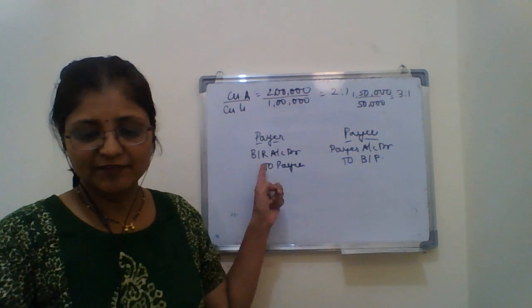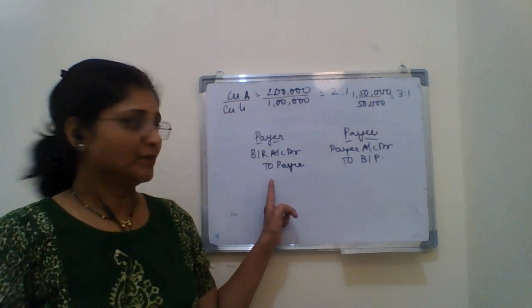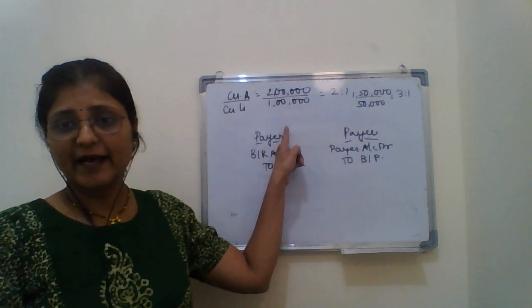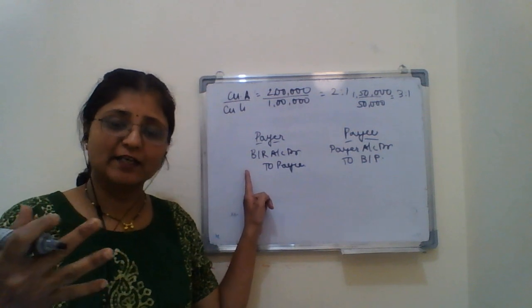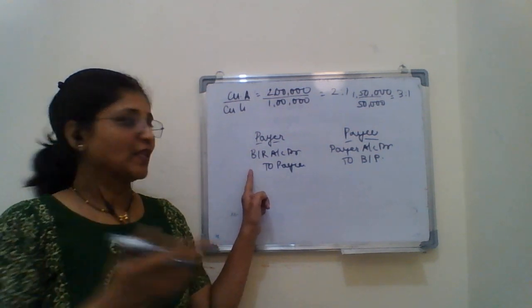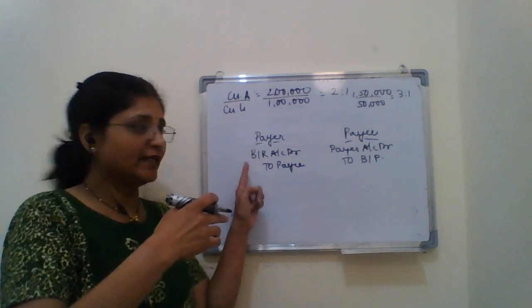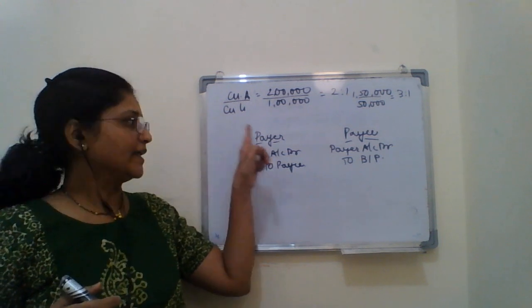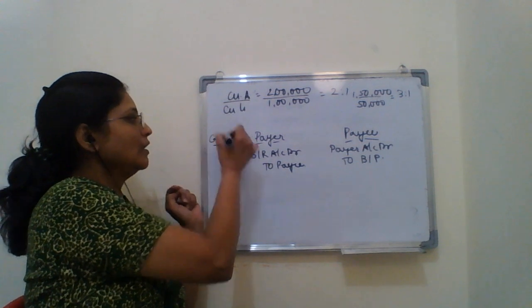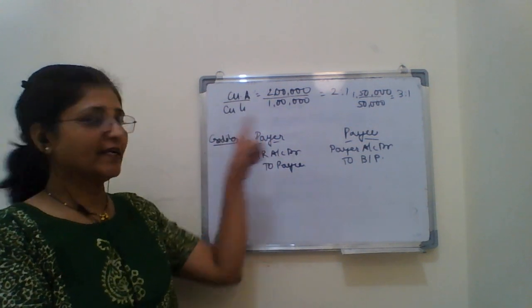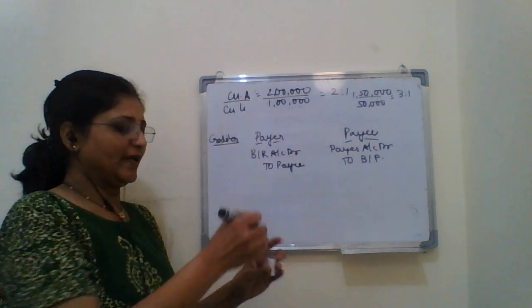So bills receivable endorsed to a creditor means this payee has given this bills receivable to his creditor. Now what is happening? He has to pay to his creditor and he has to receive. Here there is a creditor. So he has to pay to creditor and payer has to pay to him.